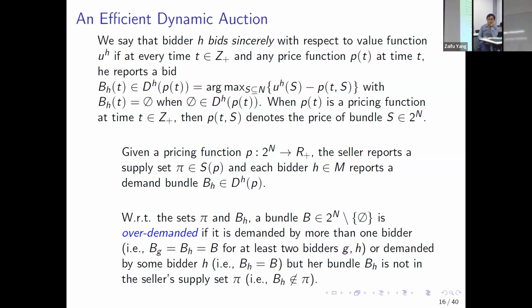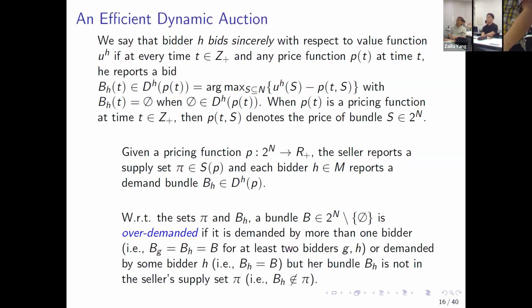So in this definition, over-demandedness is defined with respect to a bundle. For example, suppose a bundle B consists of two items, 1 and 2, and suppose that 100 buyers demand item 1 alone, and 100 buyers demand item 2 alone.